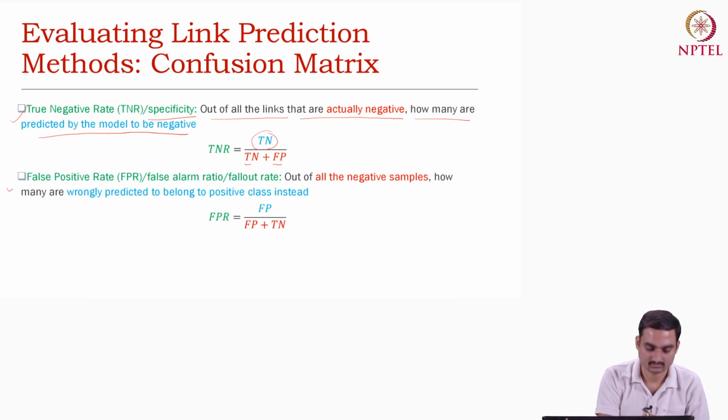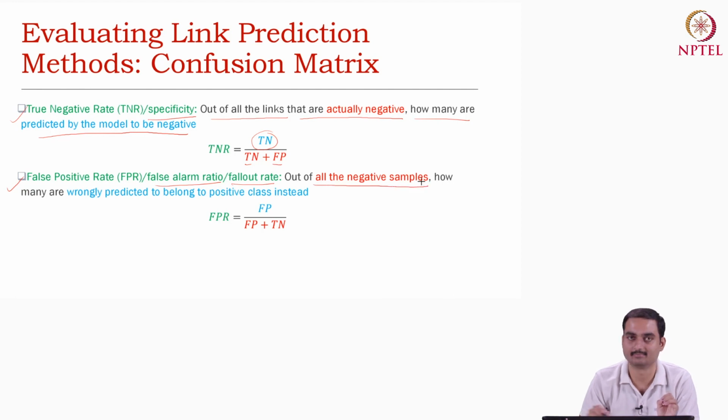There is something called false positive rate, or false alarm rate or fallout rate. Remember these terminologies. So, false positive rate is, out of all the negative samples, how many are wrongly predicted? Number of negative samples we have already discussed, TN plus FP.